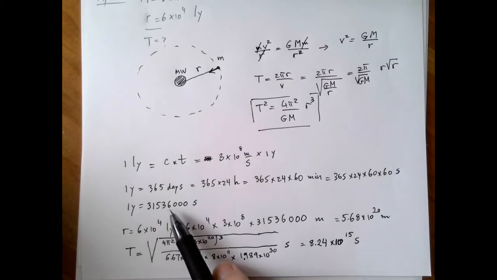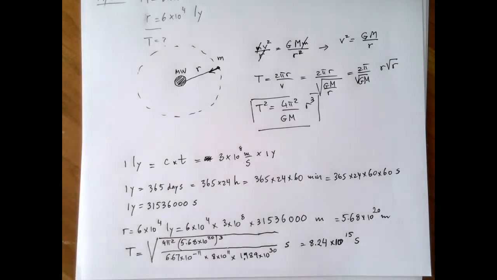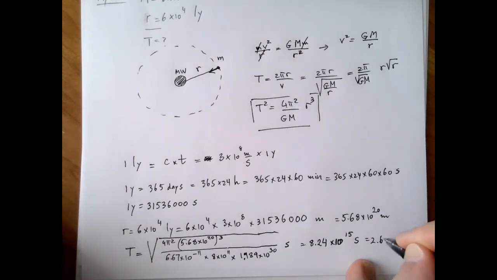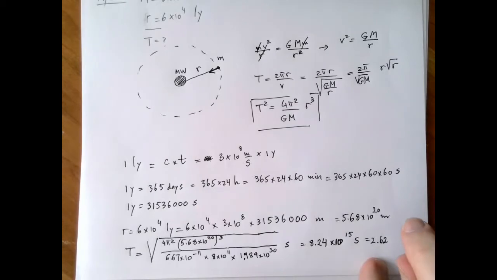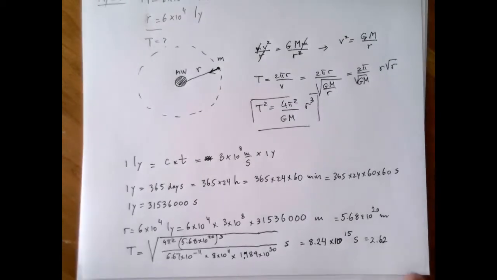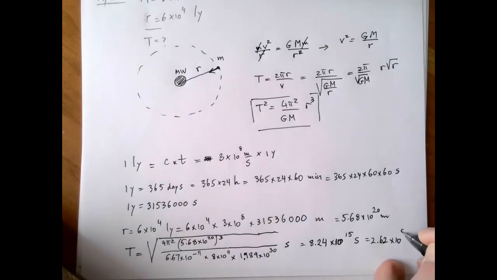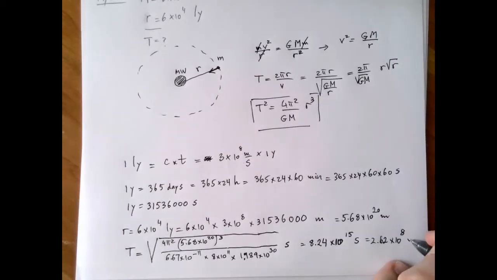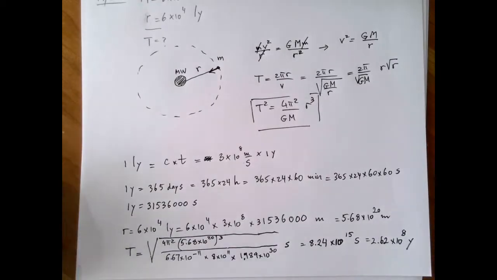And if I convert this to years, I will simply divide that by that huge number, and I end up with 2.62 times 10 to the 8th years. So a huge period.